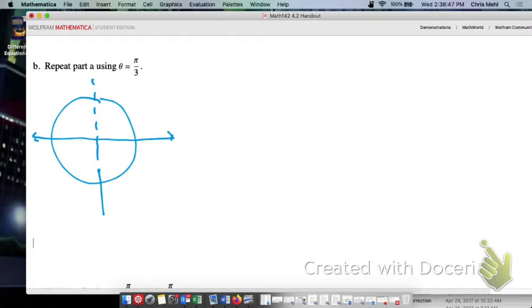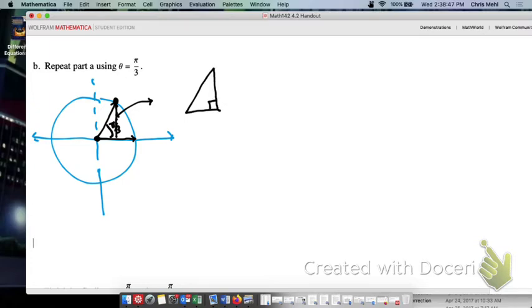And again, I'll just draw an angle in standard position that has value pi over 3. So this angle is pi over 3. And you can drop down what's called a perpendicular. So from the point at the top of the unit circle here, I'm just dropping a perpendicular line down to the x-axis, and I'll pull out this triangle.